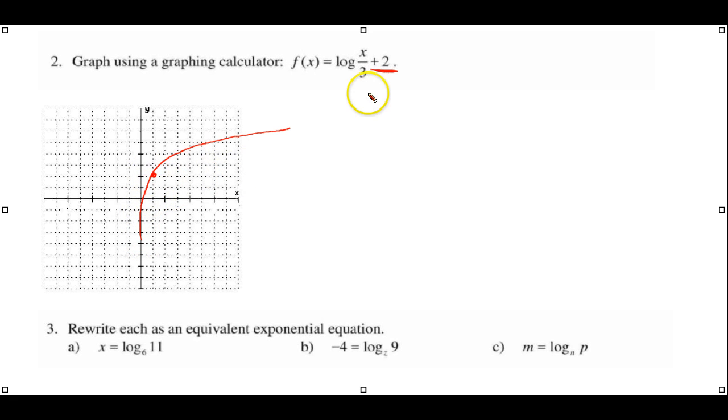This one is shifted up by 2. So instead of going through this point, it goes through this point. And that's all you really need to know to recognize the shape of the graph. And remember that generally speaking, logs are the inverse function of what we saw up there.